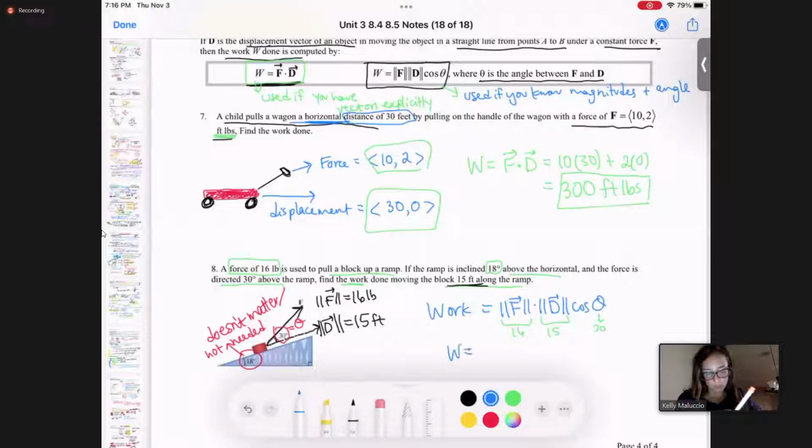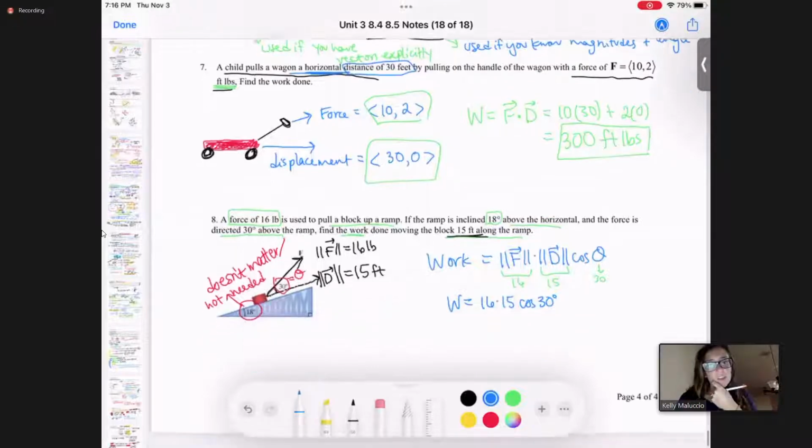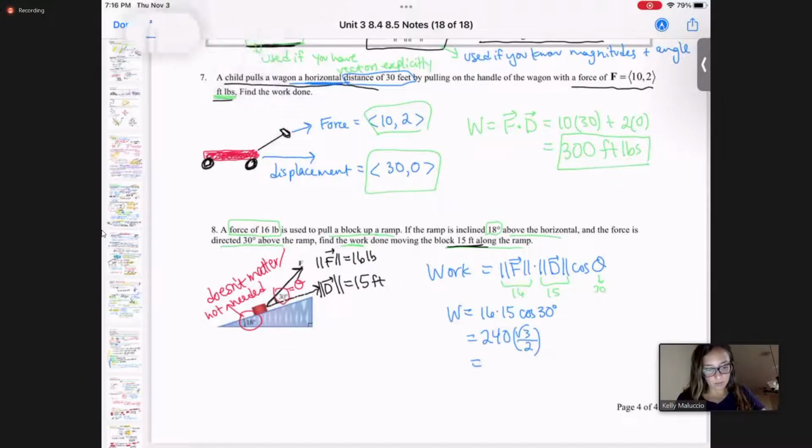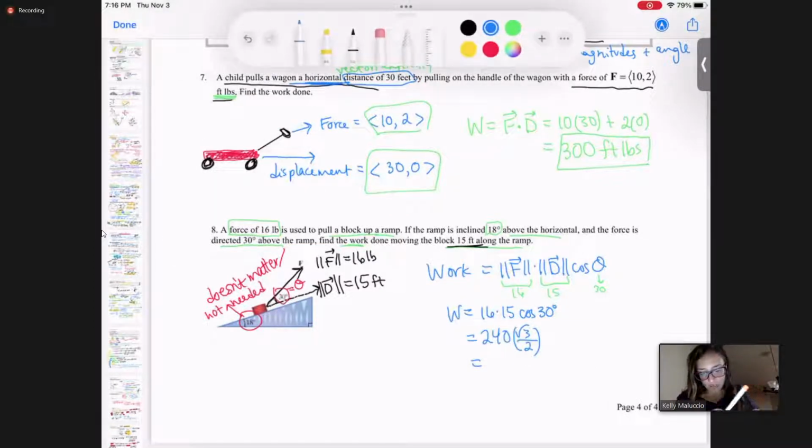W is 16 times 15 times cosine of 30 degrees. And cosine of 30 is root 3 over 2, I believe. Yeah. So this is 240 times root 3 over 2, which we can simplify, 240 divided by 2, so it's 120 times the square root of 3.